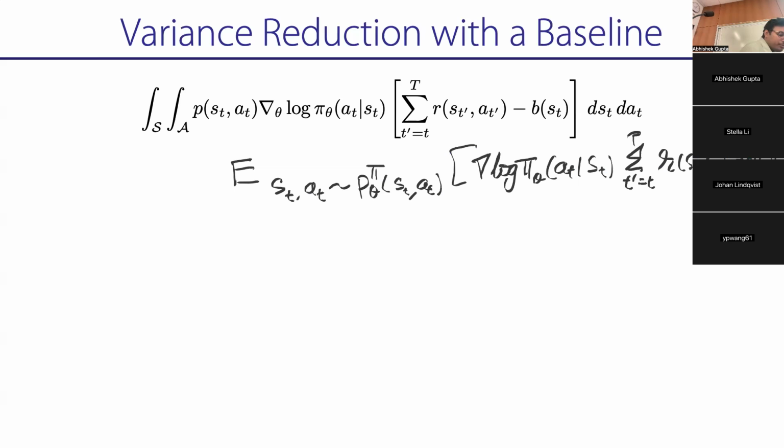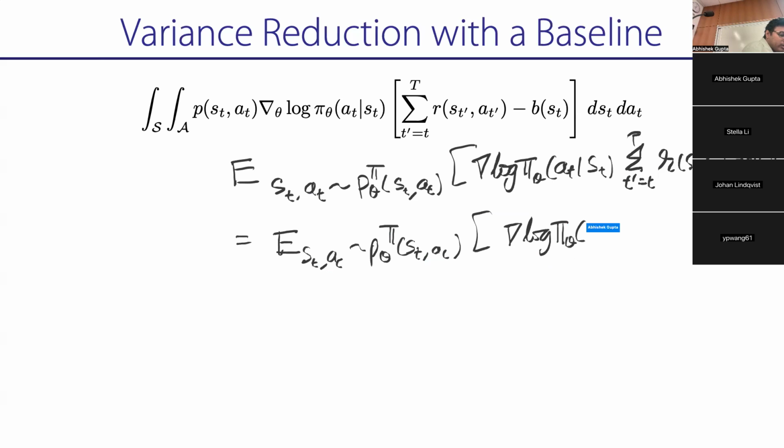But all we're doing is writing the same policy gradient objective. And what I want to show is that this thing is going to be equal to what I'd have if I didn't have this term. So I'm going to show that this is equivalent to grad log pi times the sum of rewards, without the second term.